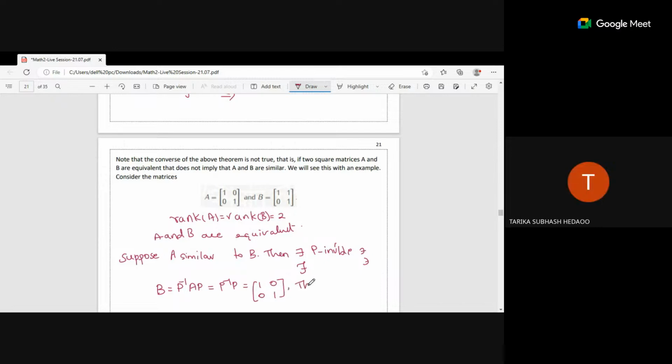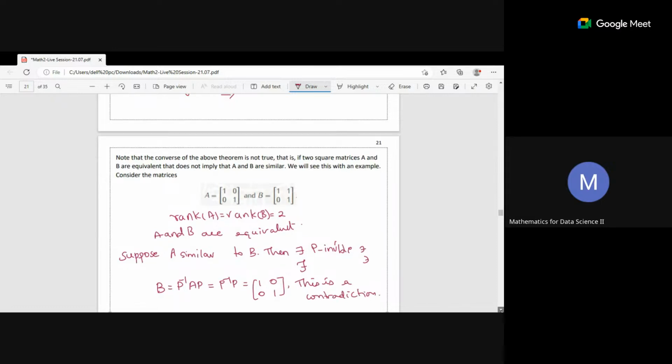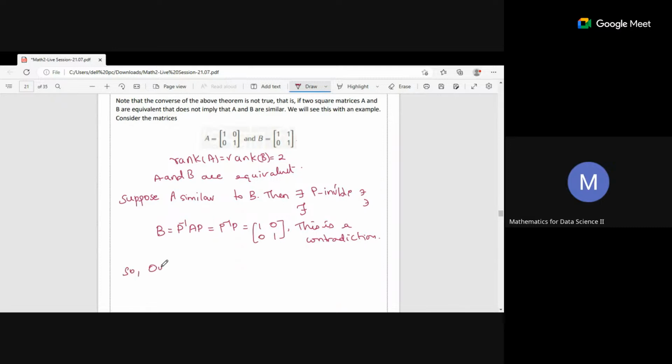No. So this is a contradiction. So what was our assumption? A is similar to B is wrong. Okay, so here A and B are equivalent, but they are not similar.